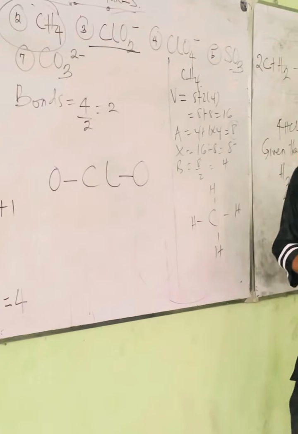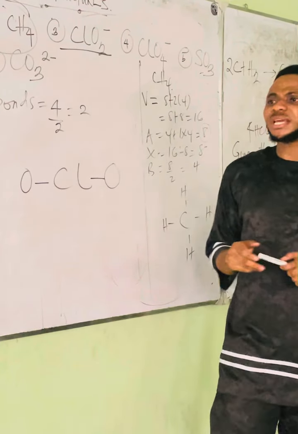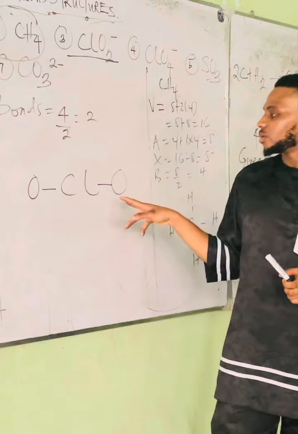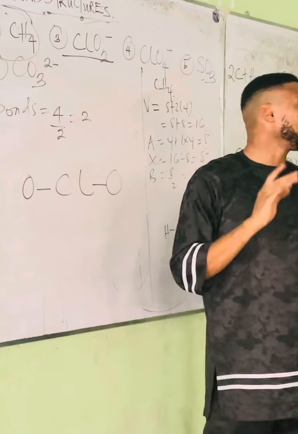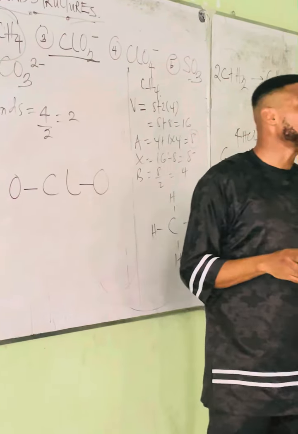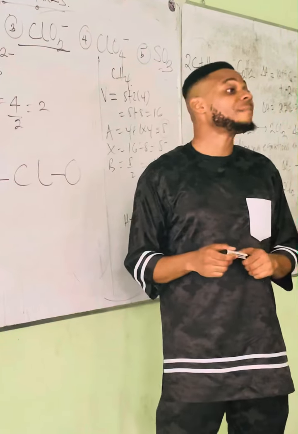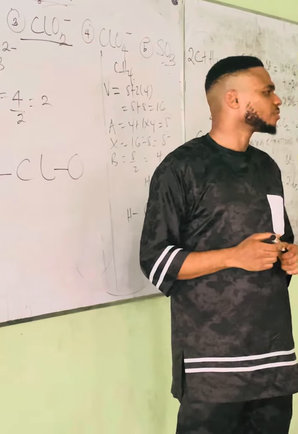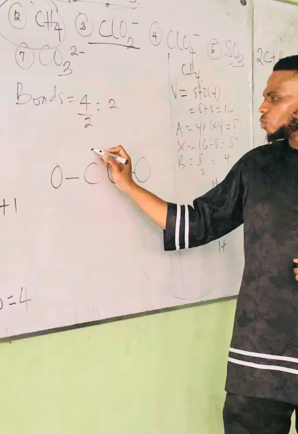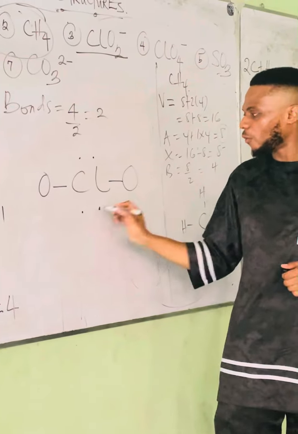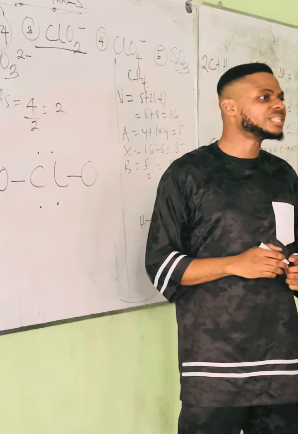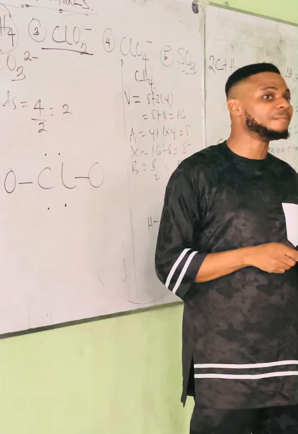Now look at this, guys. Chlorine is having how many electrons here? 4 electrons. It's not happy. Chlorine has not obeyed the octet rule. So how many electrons does chlorine need? 4, so we say 2, 4. Is there anything we are missing?